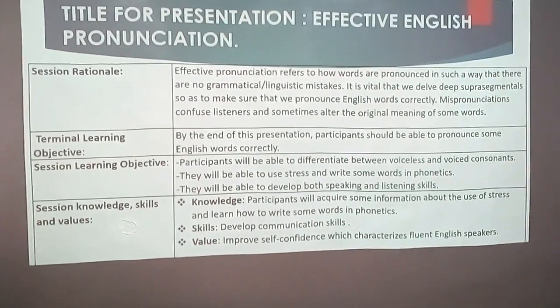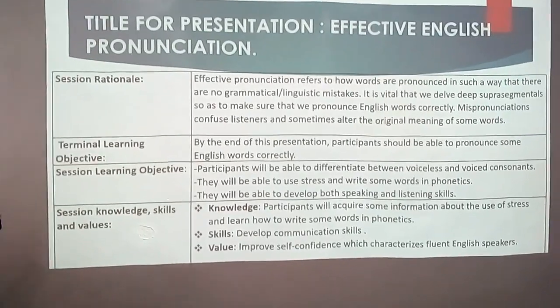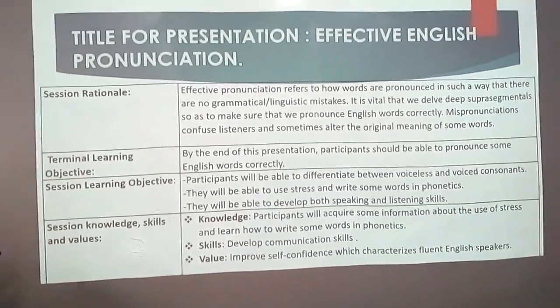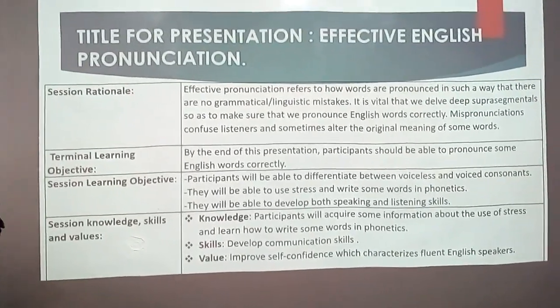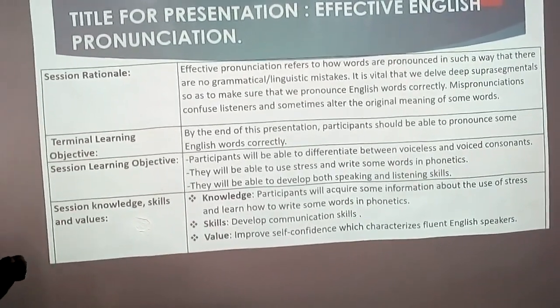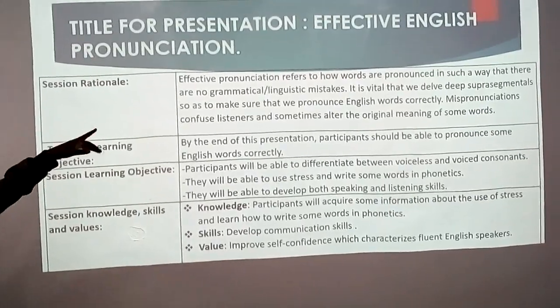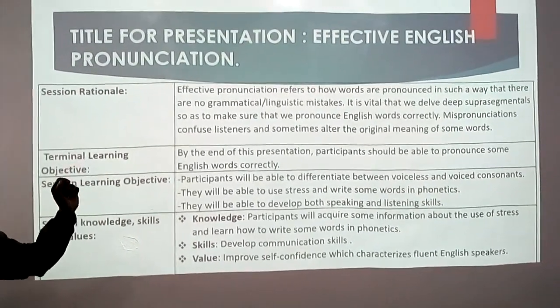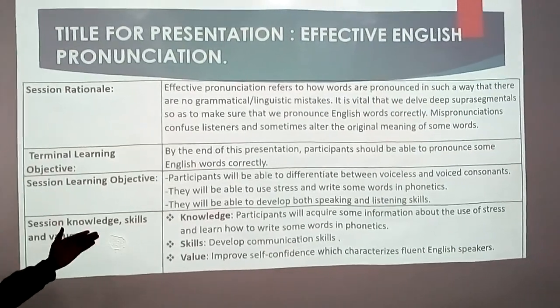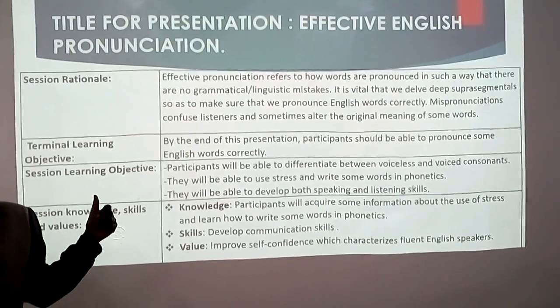Just as you see, our session rationale is this. Primarily, you have to think about this. What do we mean by effective pronunciation? As you see here, effective pronunciation refers to how words are pronounced in such a way that there are no grammatical or linguistic mistakes.